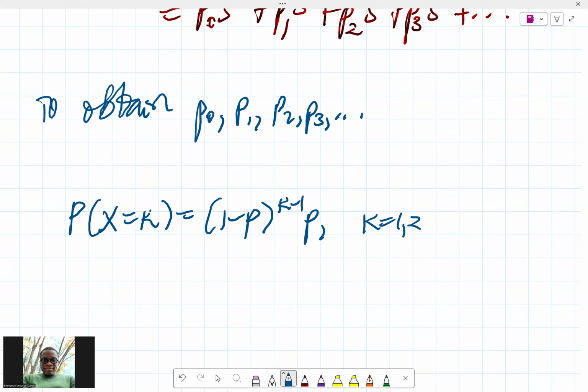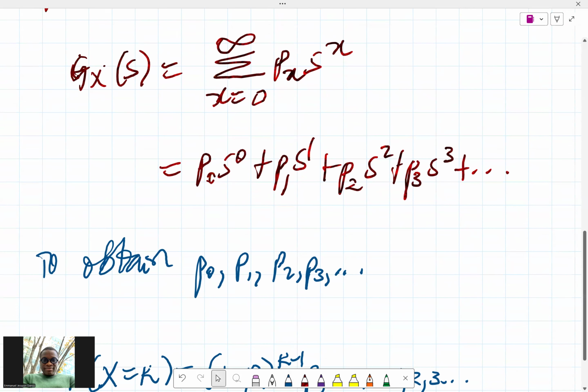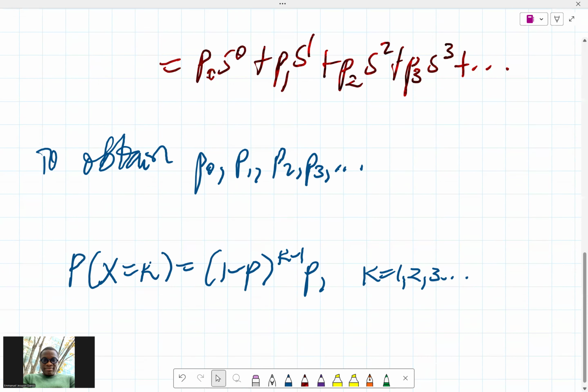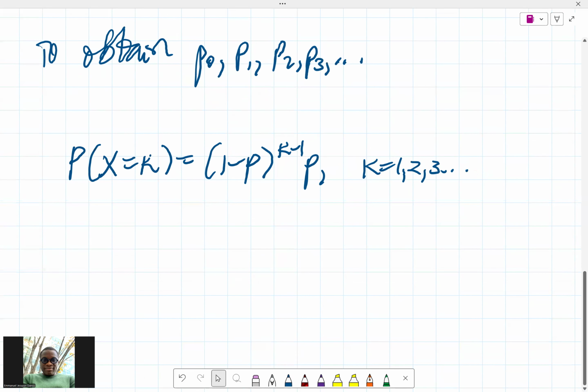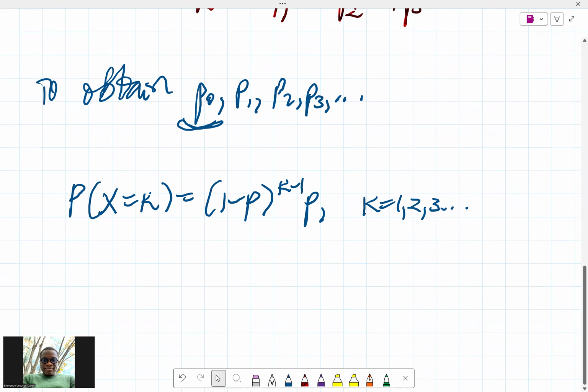So 1, 2, 3, and so on. Since k starts from 1, we have to start from 1. This p0, maybe it can take a value of 1 or something, but let's see how that goes first.